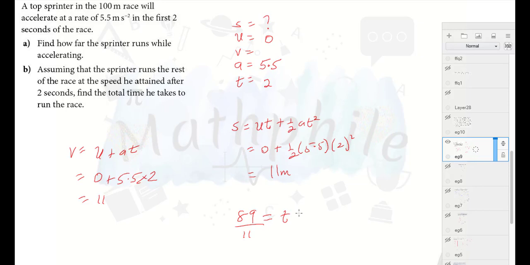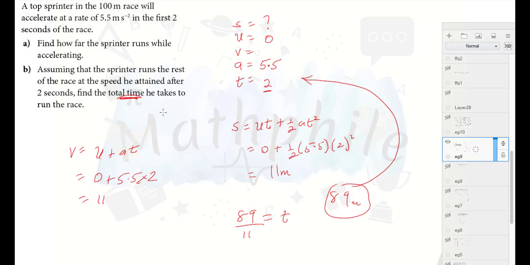That was for the rest of the 89 meters. But the guy has already used 2 seconds to run the race already. Find the total time it takes the runner. Oh, the total time. I copied the wrong question.